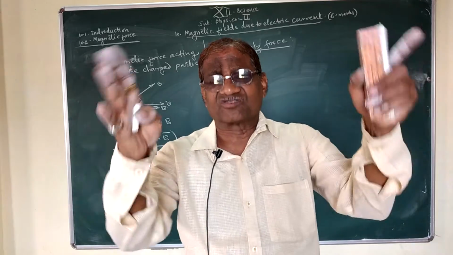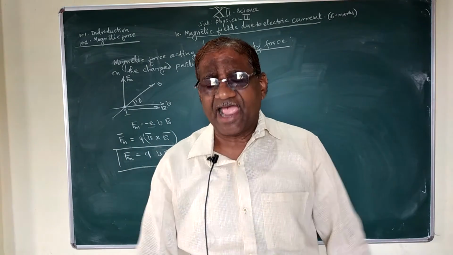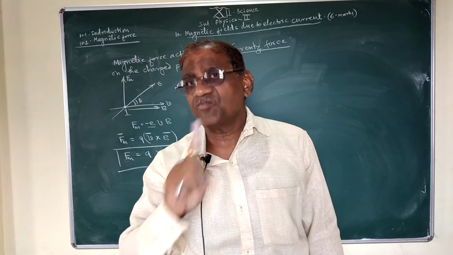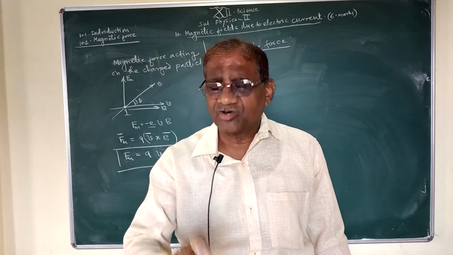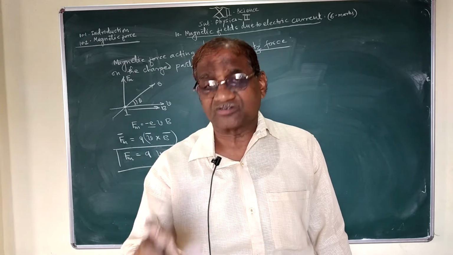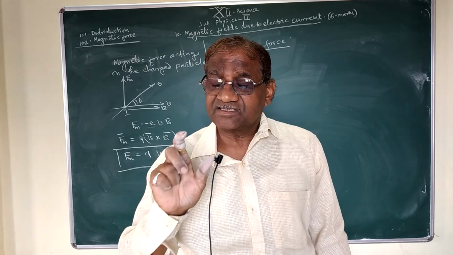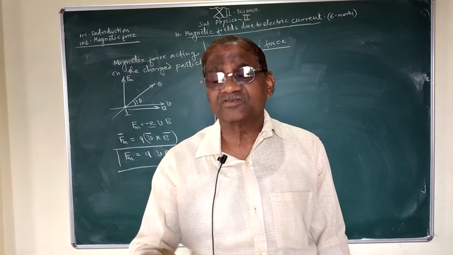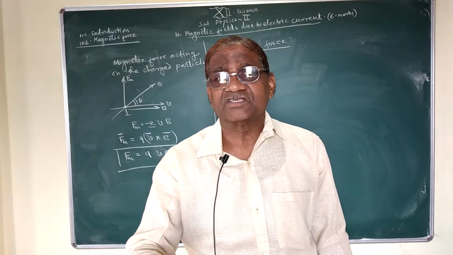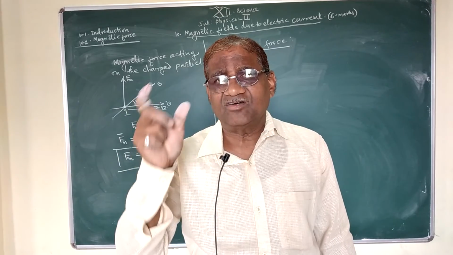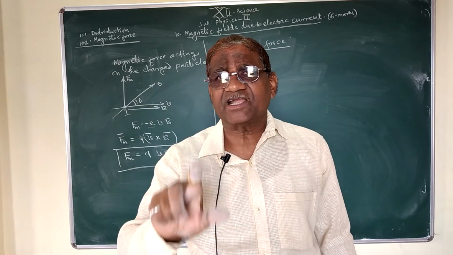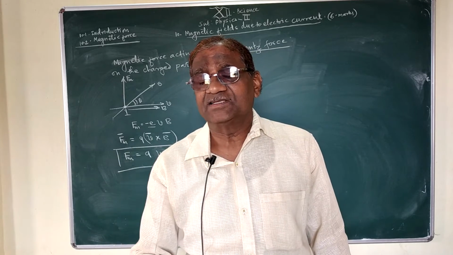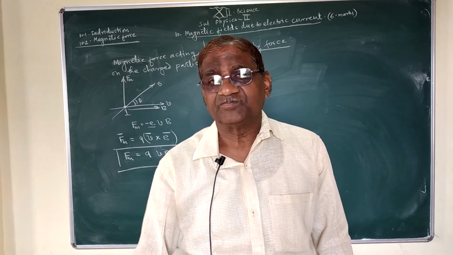Therefore, the total force, the net force acting on the charged particle, is the sum of electrostatic force and magnetic force. This sum of electrostatic force and magnetic force is the net force acting on the charged particle when it moves through both electric field and magnetic field, and is called Lorentz force.